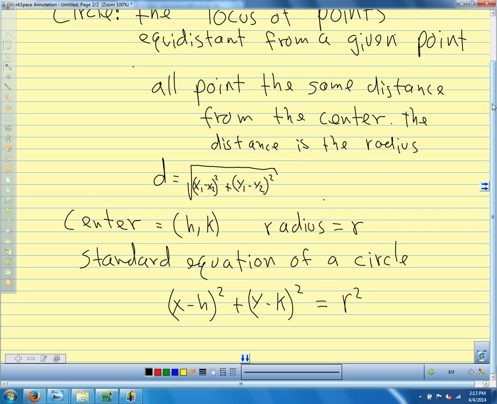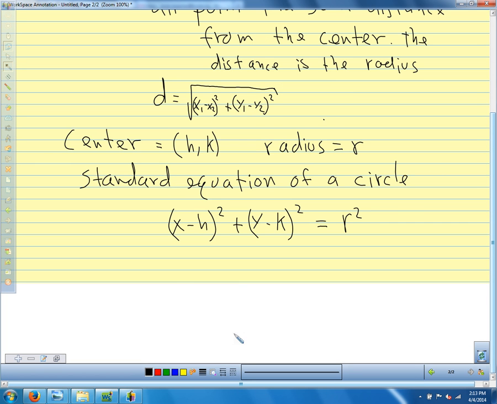All right, if the center of our circle is at the origin, what does our equation become? If h and k are 0, 0, our equation turns into x squared plus y squared equals r squared.